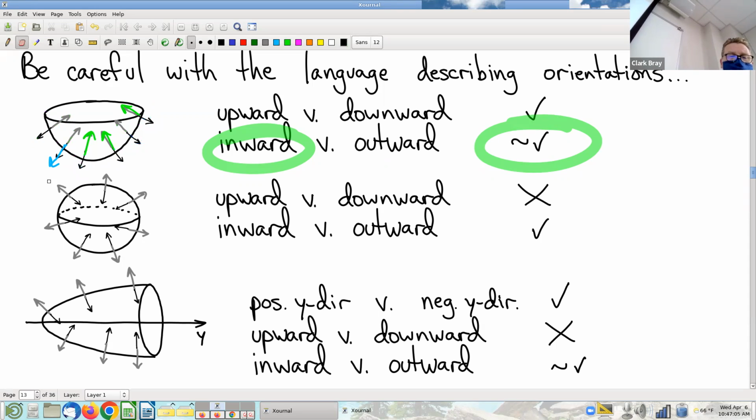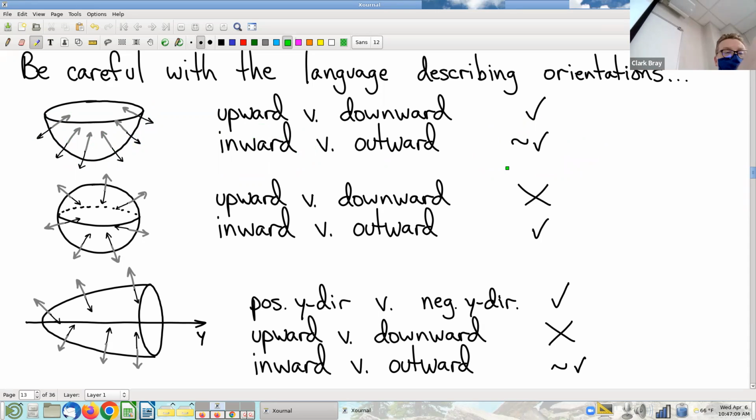Now, by contrast, if you look at a sphere, your surface being this sphere here, or any other closed surface, and you want to distinguish, let's say, this orientation there.